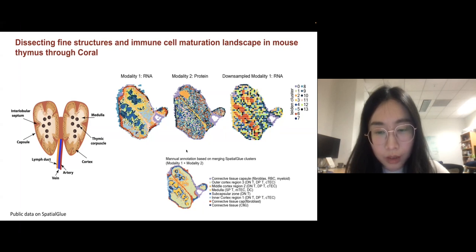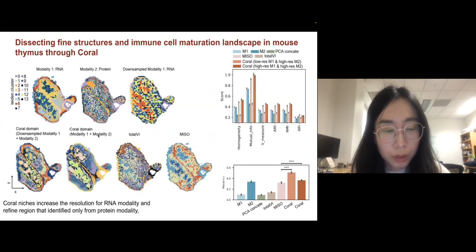We also have manual annotations, which are based on merging the spatial group clusters. So we have a clean version of how these clusters relate to specific biological regions. We actually do multiple things: we consider not downsampling it, but we also consider downsampling it.